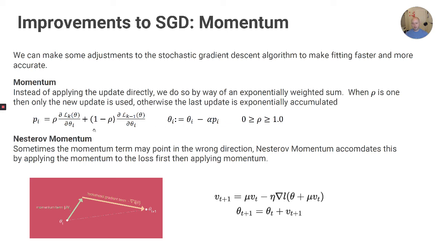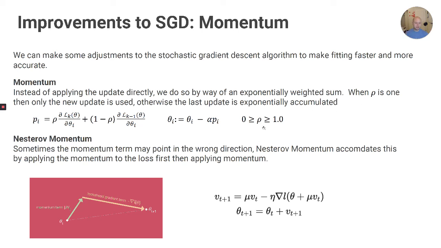Instead of directly applying the gradient, we maintain an exponentially weighted sum that utilizes the new gradient update as well as the previous gradient update, and we represent this ratio with this value rho. So here's another hyperparameter, which is between 0 and 1.